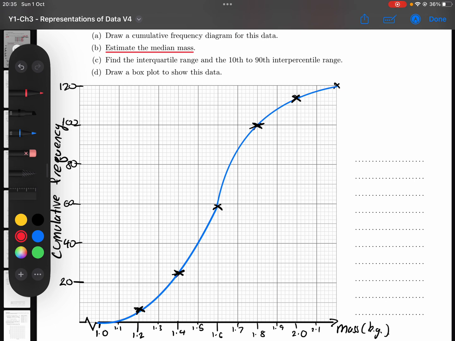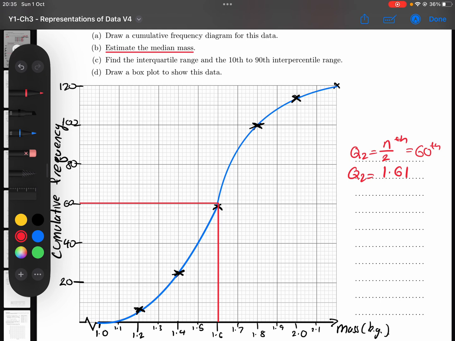We know that for continuous data, the median is the number of data points over 2 that data value. So in this case, it would be 120 divided by 2, the 60th data point. So we can use our graph to go across and then down. And then perhaps unsurprisingly, I get a value slightly bigger than 1.6. I might estimate it to be 1.61.